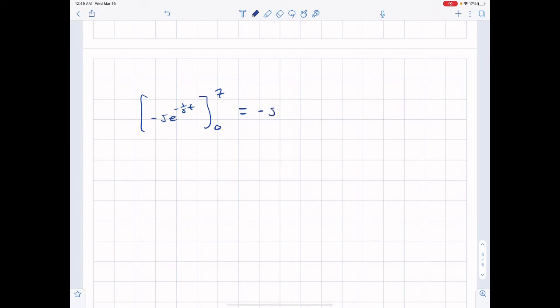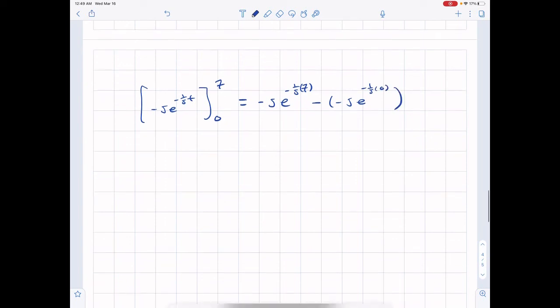So this is negative 5 e to the negative 1 over 5 times 7 minus negative 5 e to the negative 1 over 5 times 0, which is negative 5 e to the negative 7 over 5 plus, well, it's going to be 5 times e to the 0.